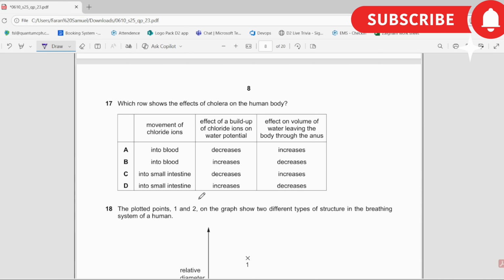What else? No nucleus. That one is important, by the way. Which row shows the effect of cholera on the human body? Move the chloride ions into the small intestine.